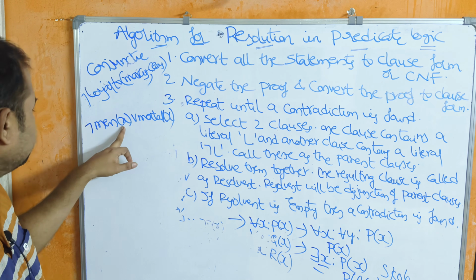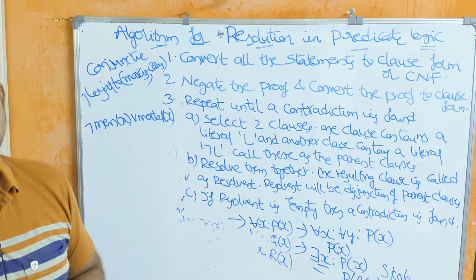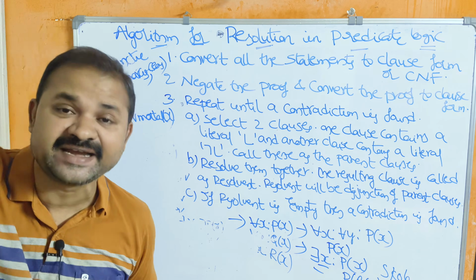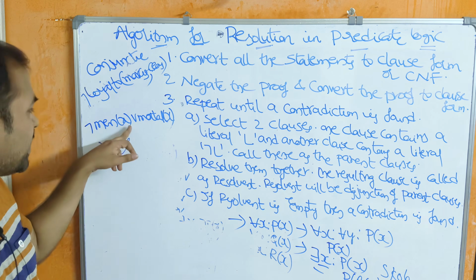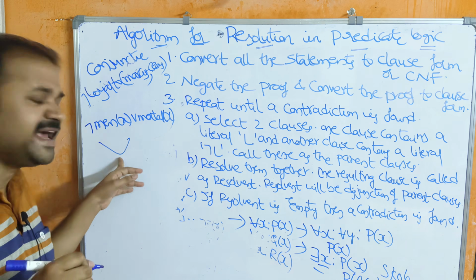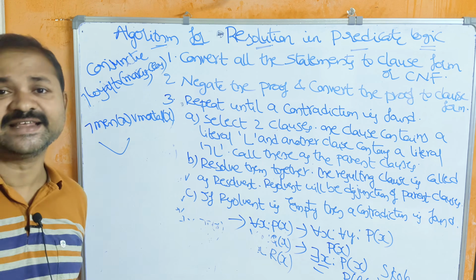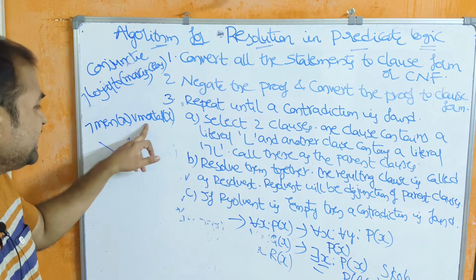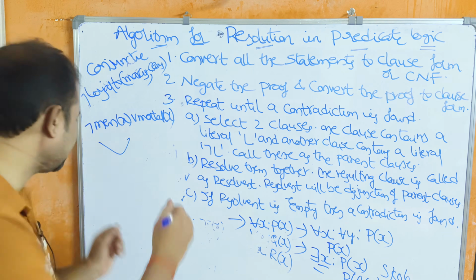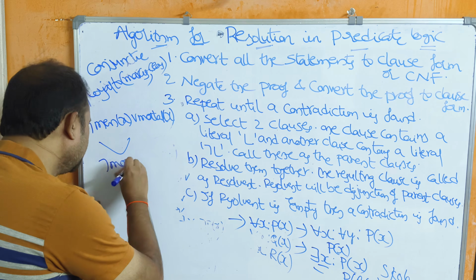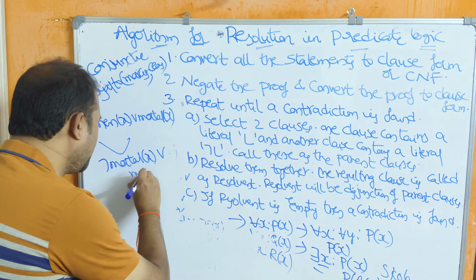The first literal is negation man of x, the second literal is mortal of x. Now we have to select another parent clause in such a way that it contains either man of x, so that negation man will be cancelled, or a literal negation mortal of x. Let's say we have another parent clause like this, negation mortal of x or man of Marcus.